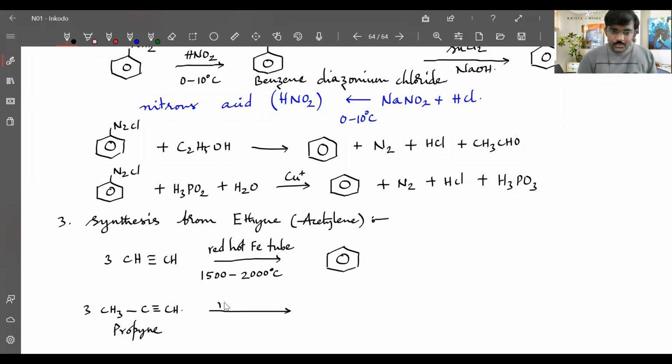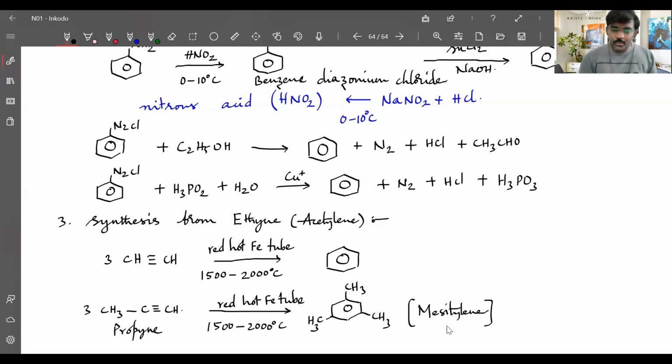Again I'm taking a red hot iron tube and maintaining the same temperature, around 1500 to 2000 degrees Celsius. Here also I'll get the benzene derivative, that means symmetric trimethyl benzene, 1,3,5-trimethyl benzene, which is also known as mesitylene, what we'll be getting now.